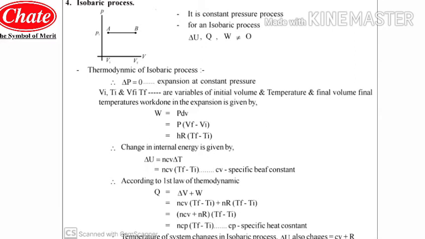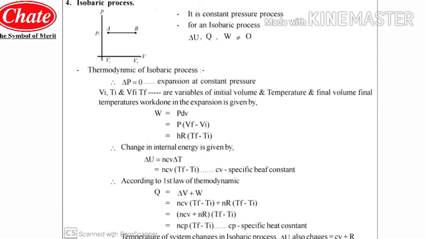Now the work done in this isobaric process will be given as W equals PdV. As you can see on your screen, W is equal to PdV, meaning at constant pressure there is some increase or decrease in the amount of volume. So PdV may be further written as P into Vf minus Vi, meaning the change in volume.